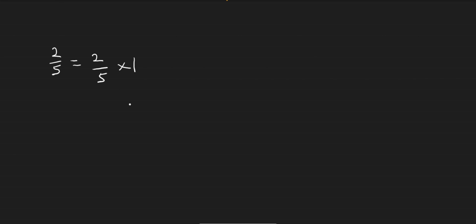We are saying this one is the same as 100 over 100. So I just have to multiply the 2 over 5 by 100 over 100. The 100 over 100 is 1. Another way of saying it is 100 over 100 is 100%. So it means my 2 over 5 times 100%.